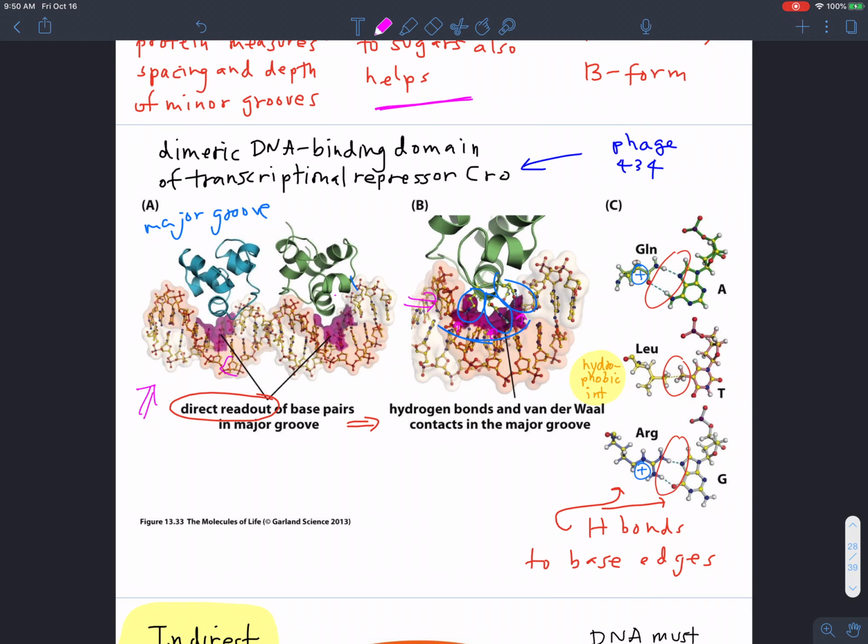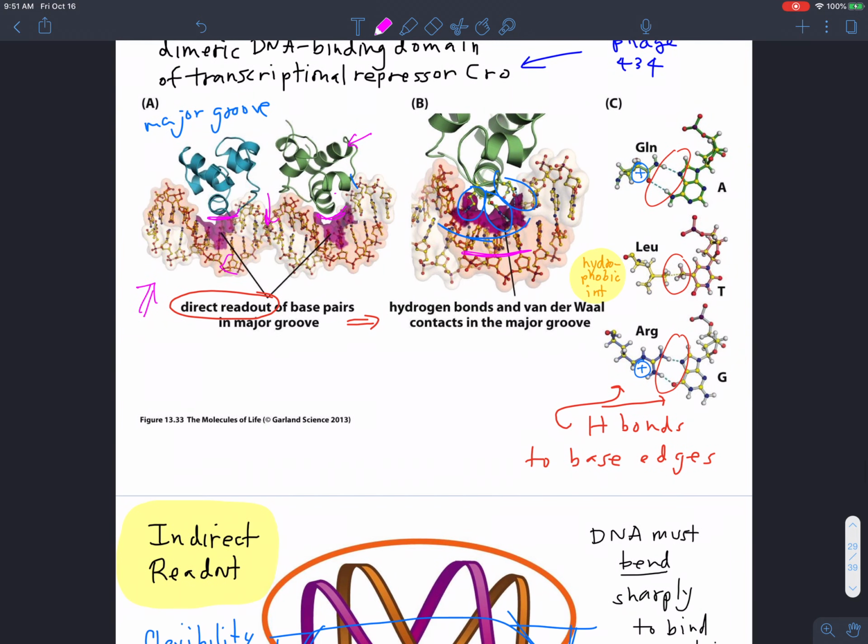And those side chains are capable of, and in this case actually do, read the sequence so that this protein, in both of its binding sites here, will bind only, or bind very strongly, preferentially, very specifically to one particular sequence on the DNA, and it finds that sequence by reading the base edges, mainly in the major groove, but we'll see that it actually also reads a little bit in the minor groove as well.